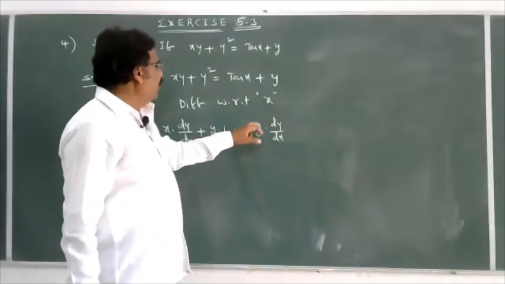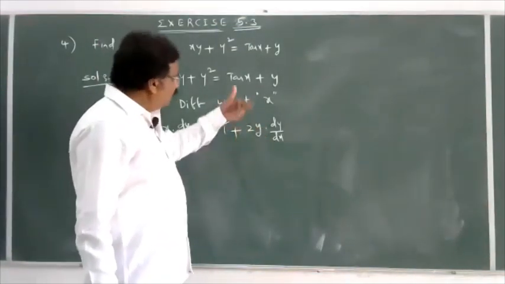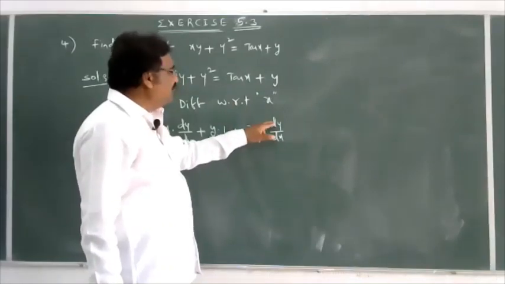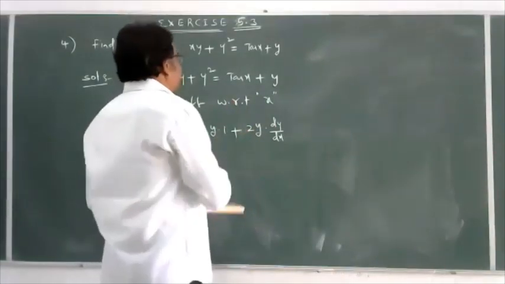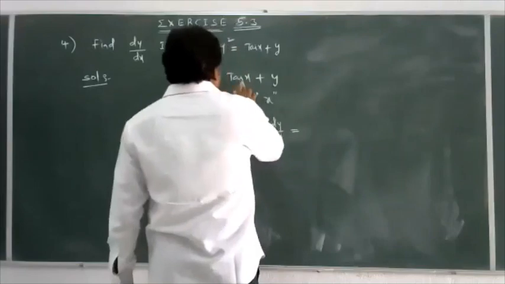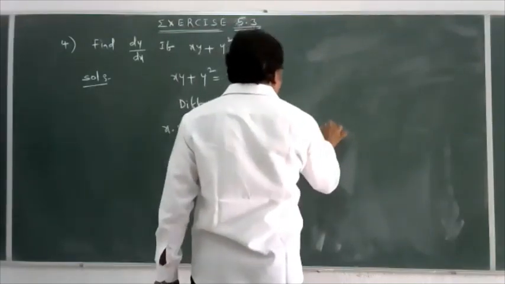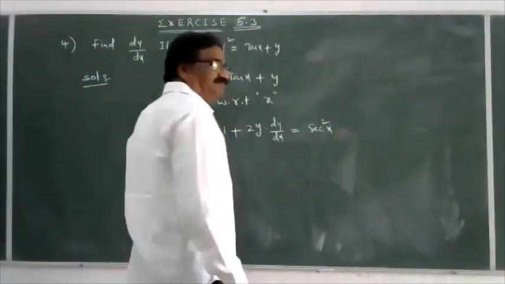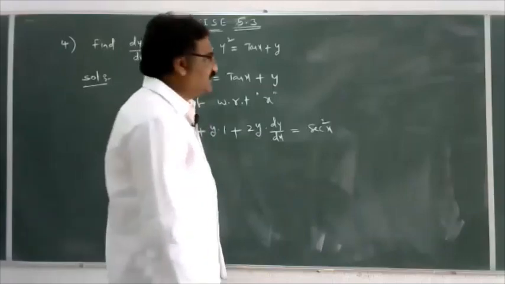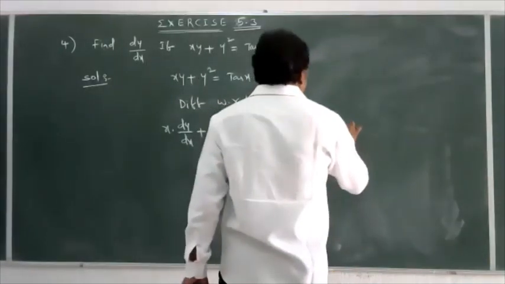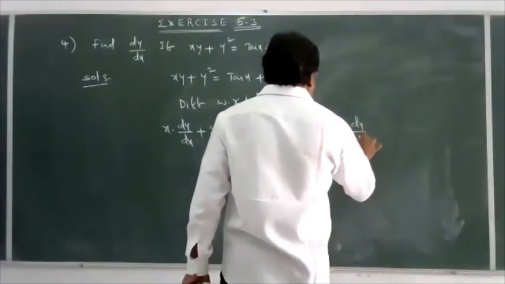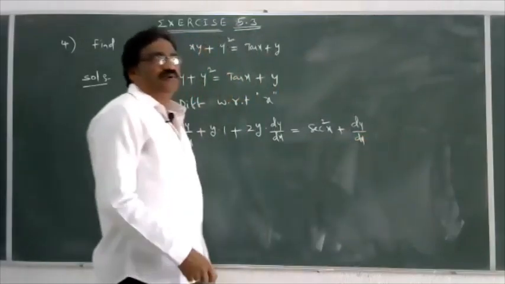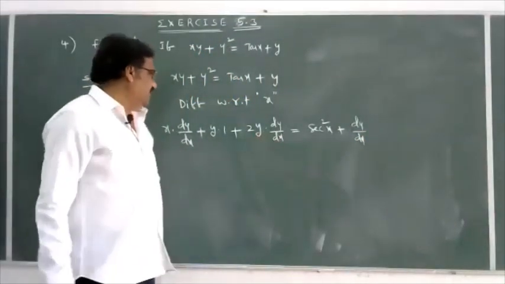That is 2 into y power 2 minus 1 into y derivative with respect to x, dy by dx, is equal to here tan x derivative is secant square x, plus y derivative is dy by dx.